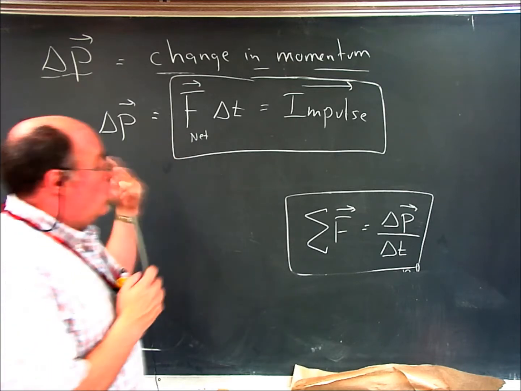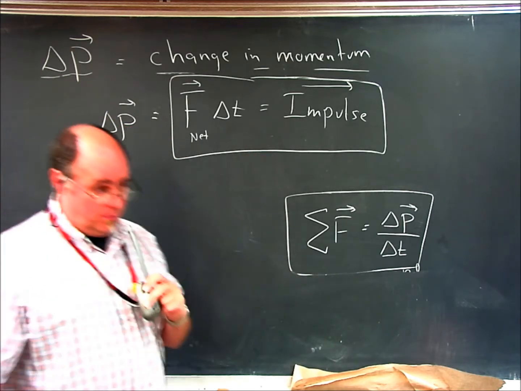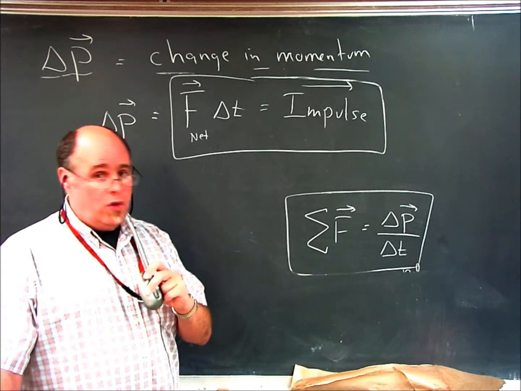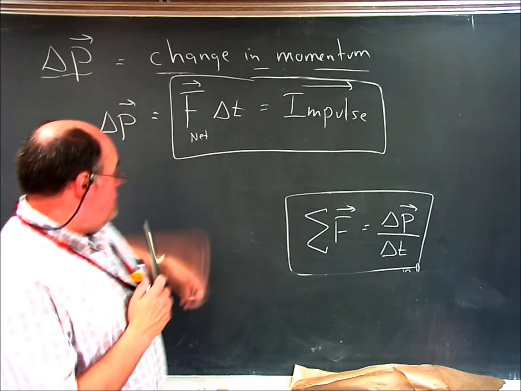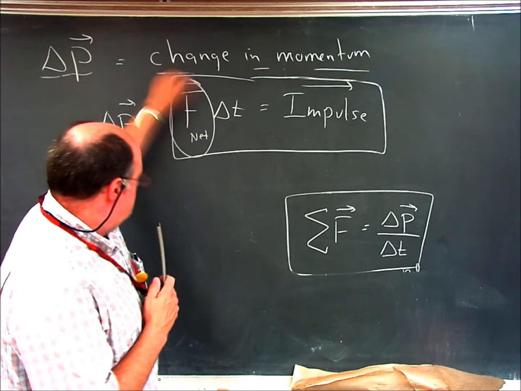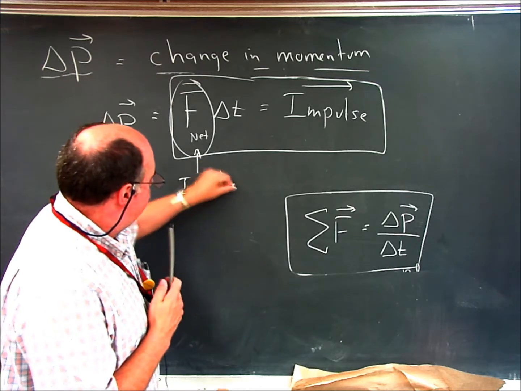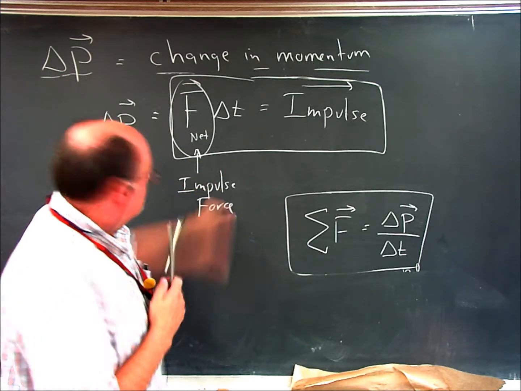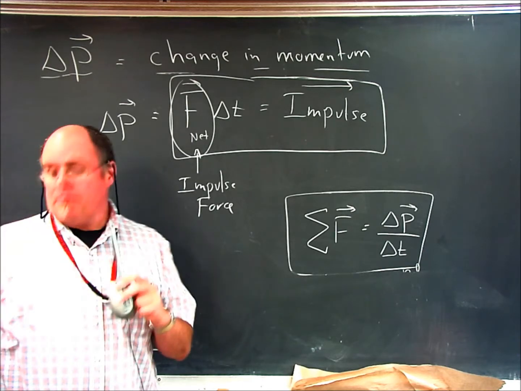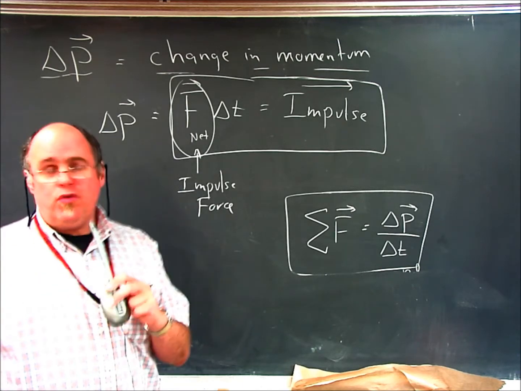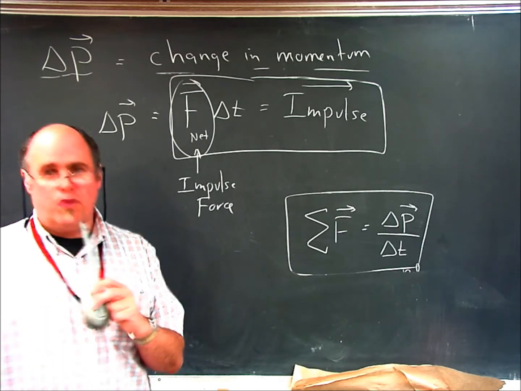So if we rearrange this whole thing and backed it up, this piece right here is called an impulse force. The impulse force is usually a force that happens so quickly that there's a delay reaction before you even notice the force had occurred.